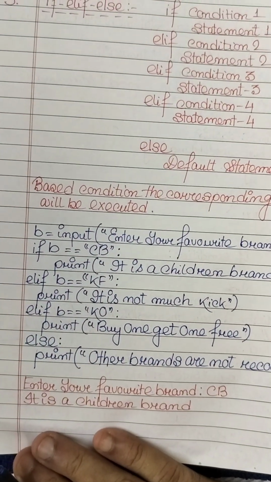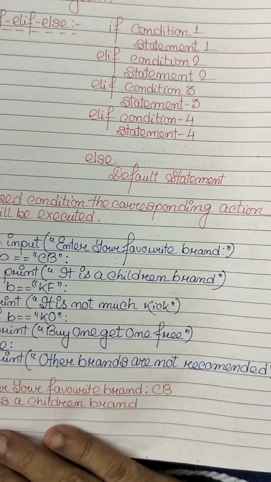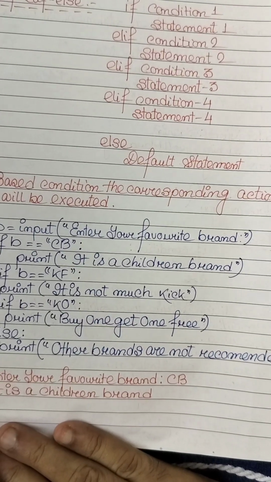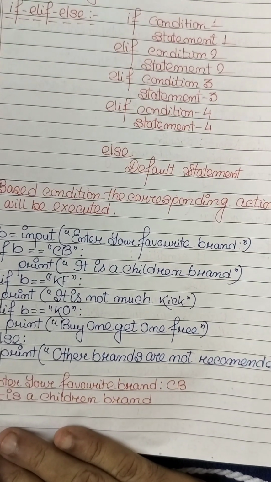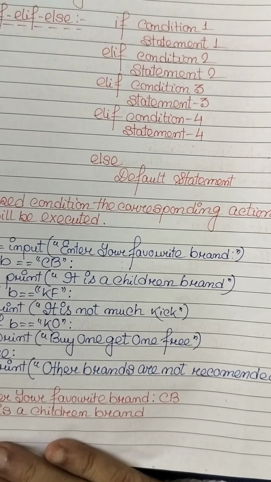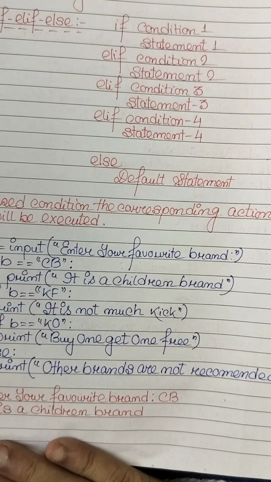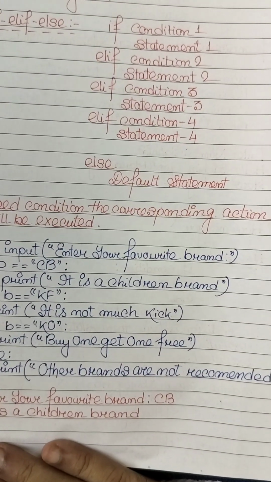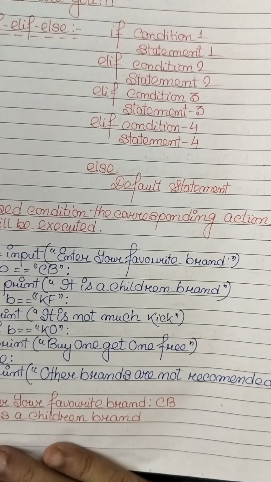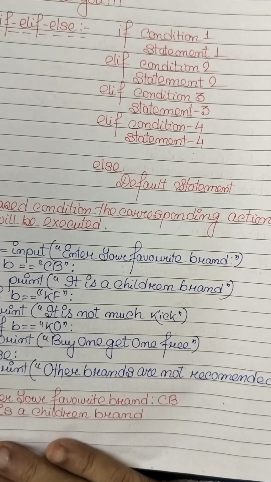So based on the condition, the corresponding action will be executed. Suppose B is equal to input, enter your favorite brand. If B is equal to CB, print it is a children brand. Elif B is equal to KF, print it is not much kick. Elif B is equal to KO, print buy one get one free.